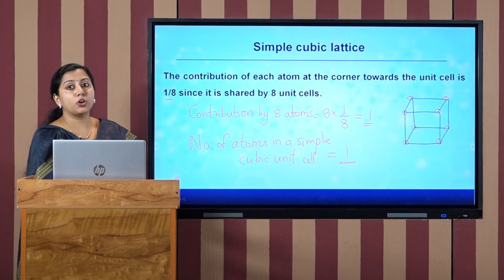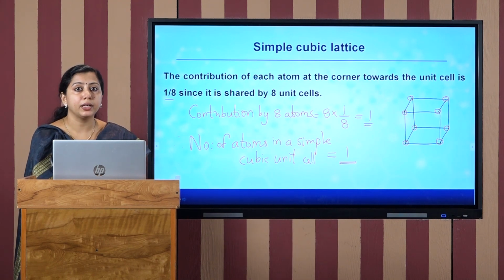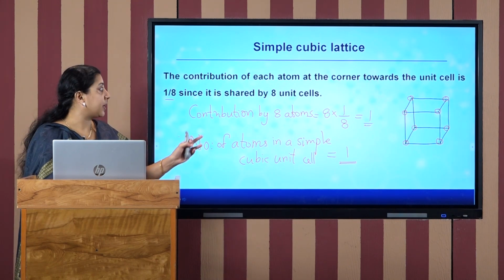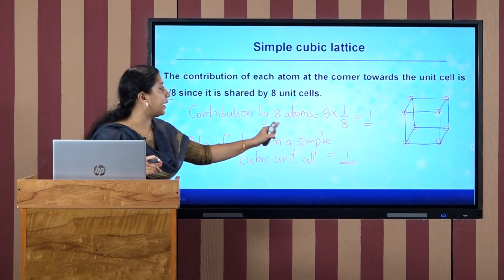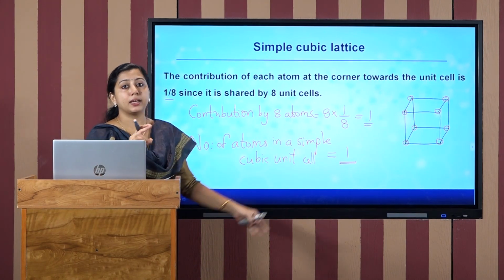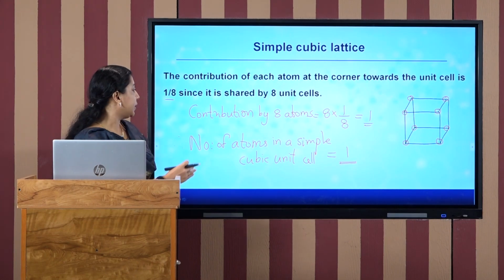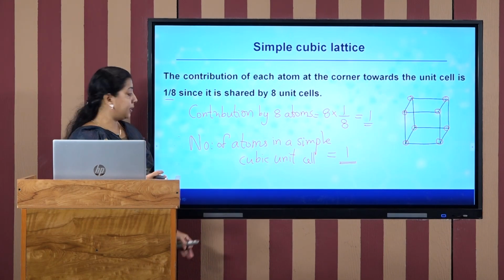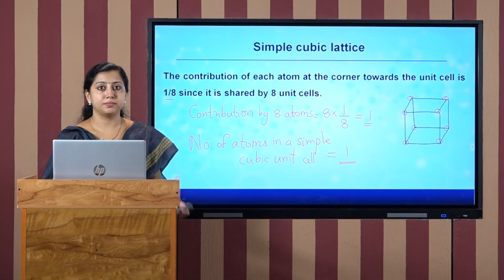The contribution of each atom at the corner towards the unit cell is 1 by 8. If there are 8 corners, there will be 8 atoms. So, the contribution by 8 atoms is 8 into 1 by 8 is equal to 1. Therefore, the number of atoms in a simple cubic unit cell is equal to 1.